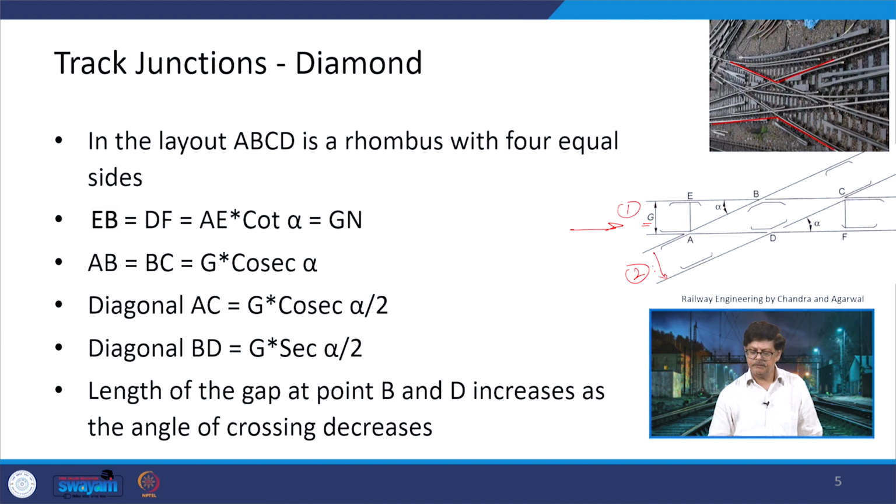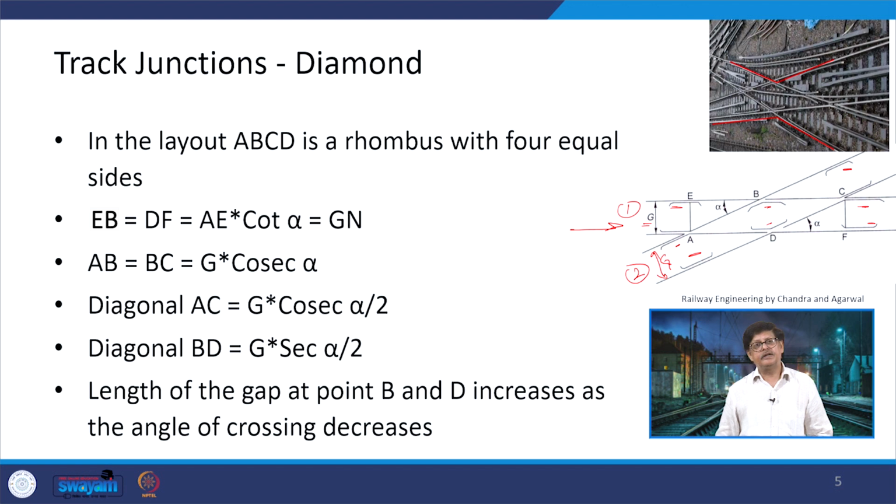Similarly, the gauge on this side will be G. Now A, B, C, D is the diamond, a rhombus being created. Here you have the jack rail provided on this side, on that side, another here, another here. Then the wing rails, one here, one on this side and one in the center.